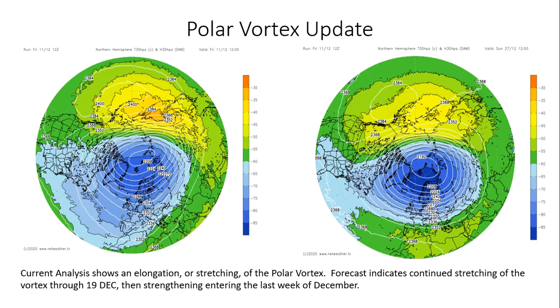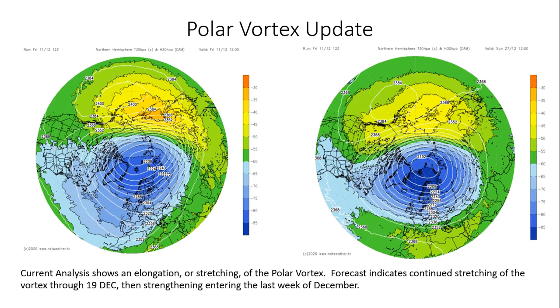Compare that graphic on the left and see how they're stretched out and more elongated as compared to the circular or symmetrical shape on the right. So again, more compact lines, circular, more symmetric in appearance on the right on the 27th of December. The models are indicating that the polar vortex could possibly re-strengthen and reposition itself back over the polar area by late December.